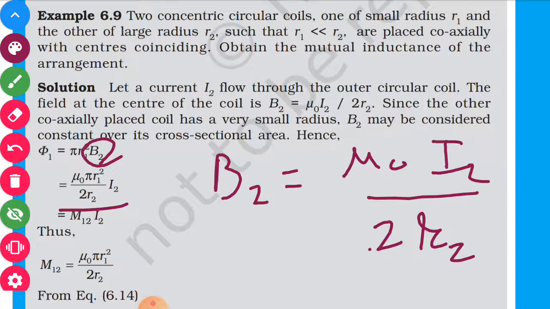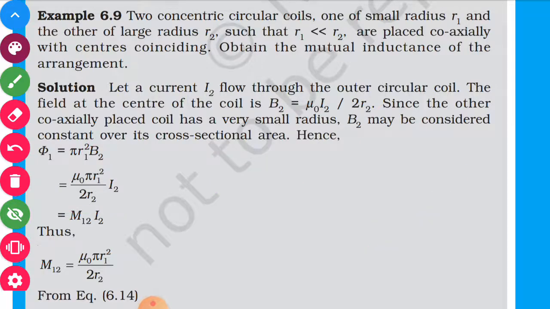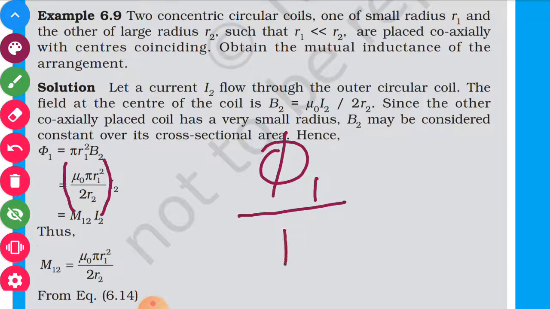So here this phi 1 is M12 times I2, and this constant value mu 0 pi R1 square upon 2 R2 is the mutual inductance M12. Rather, we can say the flux of the first coil divided by the current of the second coil gives you the mutual inductance of the system, M12.